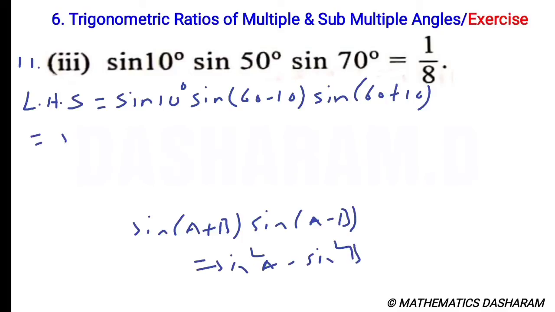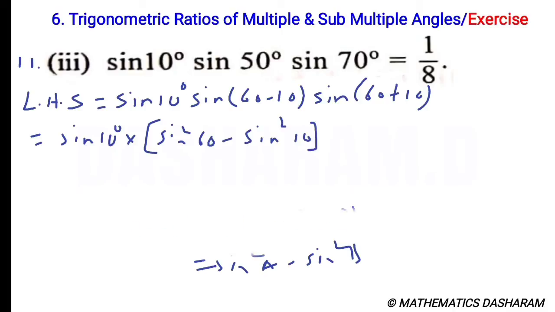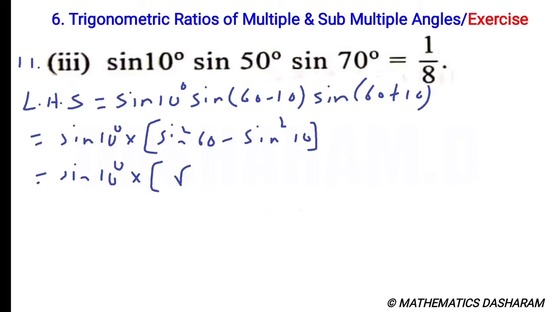So apply this formula. So sin 10 degrees into, so take the bracket, sin square 60 minus sin square 10. So then it is equal to sin 10 degrees into sin 60, which is root 3 by 2 whole square, minus sin square 10 degrees.